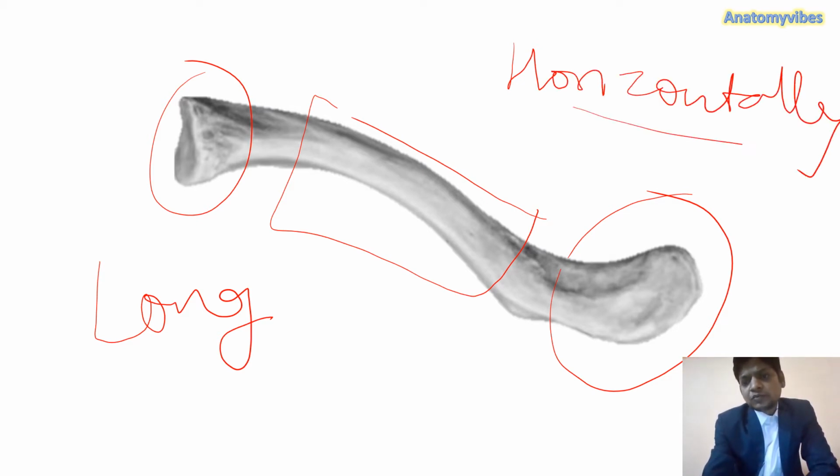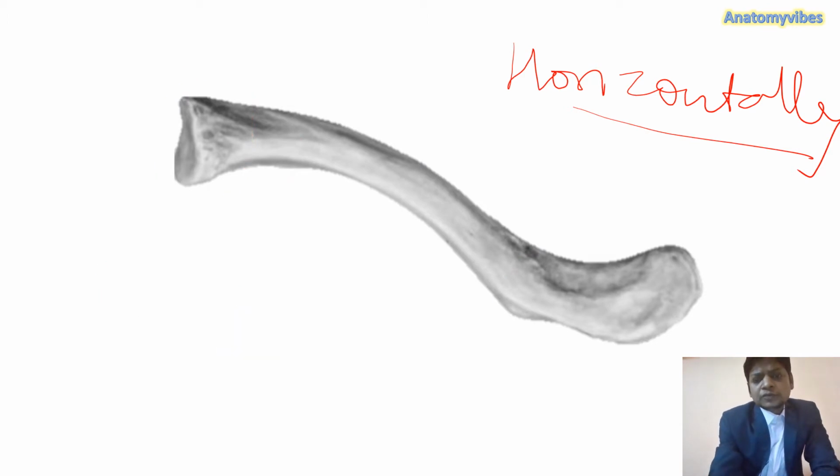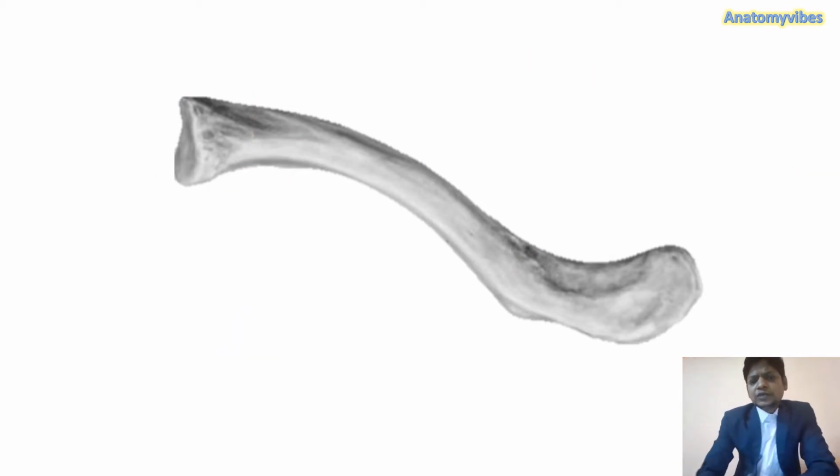Rest of the long bones are placed vertically. So this is a different type of long bone placed horizontally in the body. So you have seen that it has two ends and an intervening shaft.